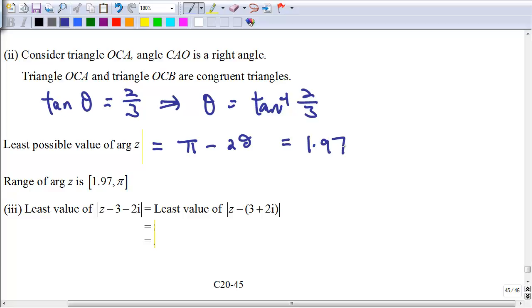And because the largest possible value of argument z is pi, I can straight away say this. The range of argument z is from 1.97 to pi. Done.